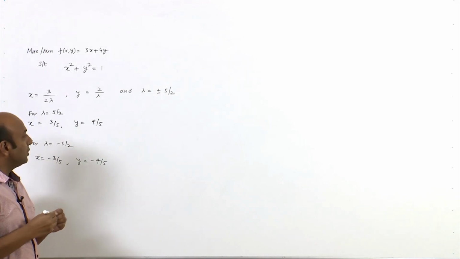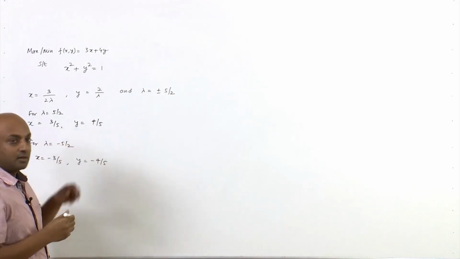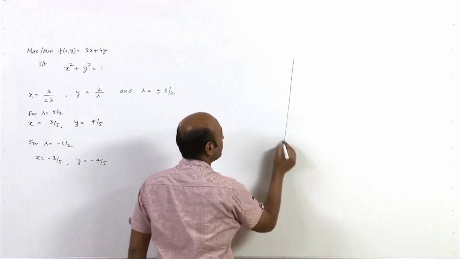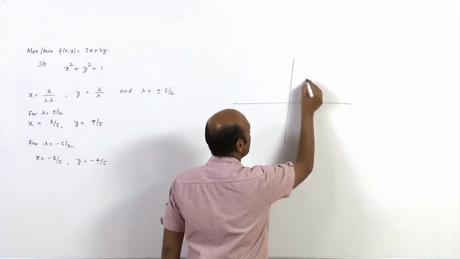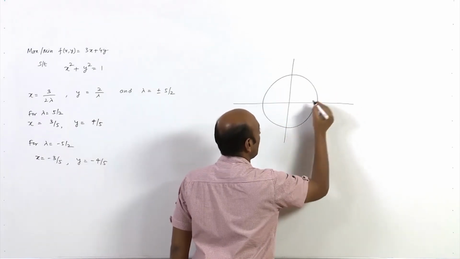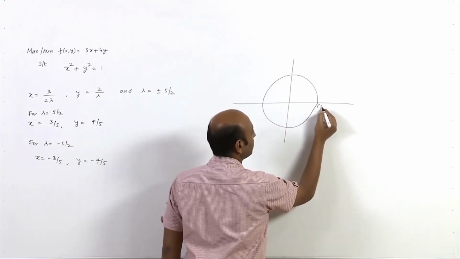Okay. So, where are these points? These points are on the circle. This is a unit circle with center 0 0 and radius 1.